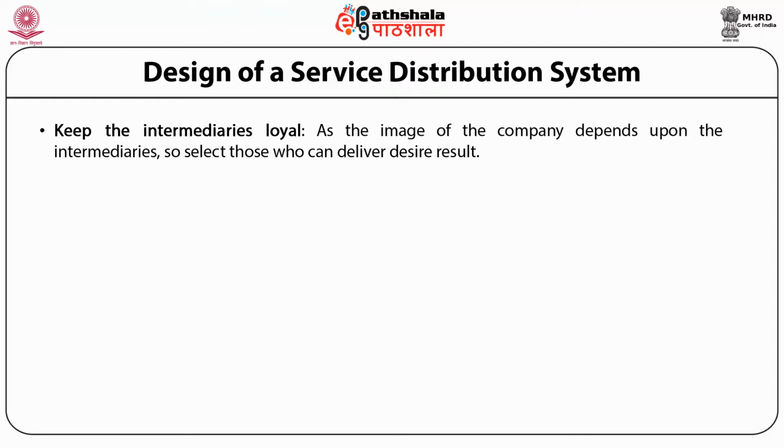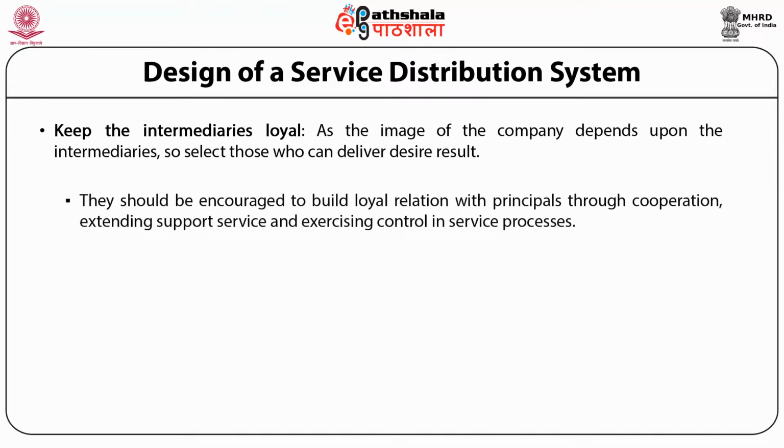So as the image of the company depends on the various kinds of intermediaries, select only those intermediaries who are loyal and who can deliver desired result. They should be encouraged to build loyal relations with the principals through cooperation, extended support, service and exercising control in service processes.